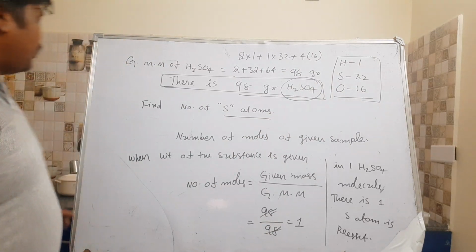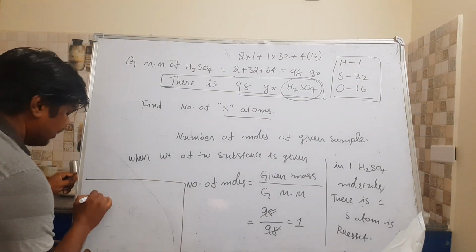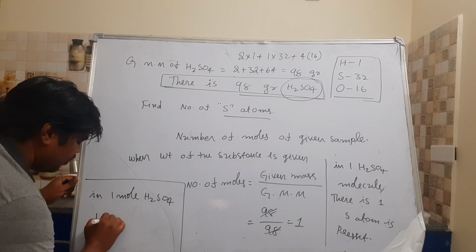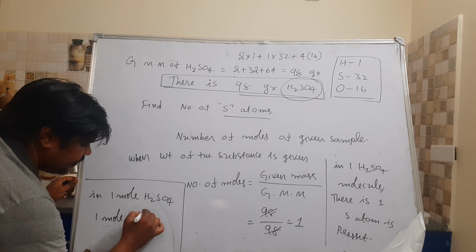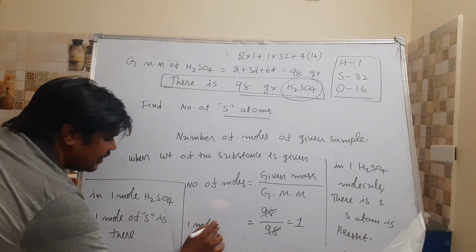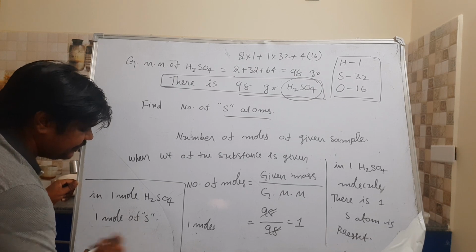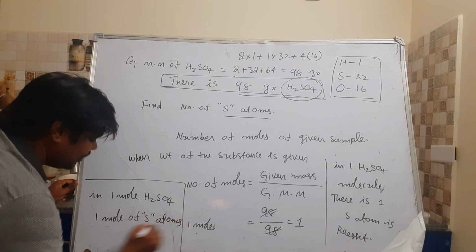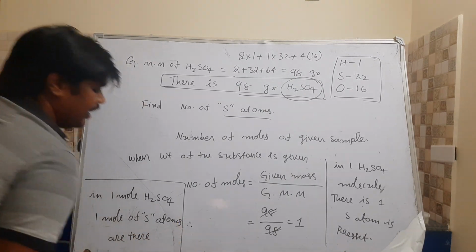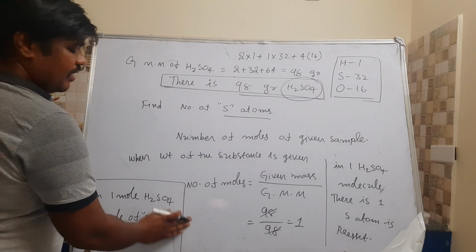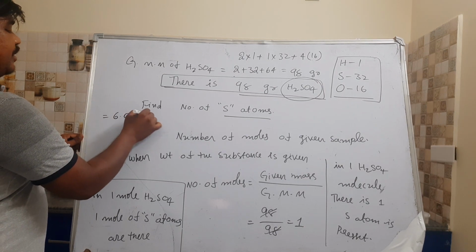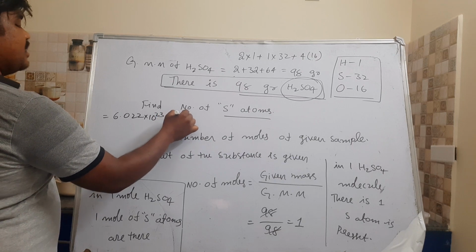In 1 mole of H2SO4, this is your answer now, 1 mole of sulfur atoms are there. 1 mole of atoms is nothing but Avogadro number, 6.022 into 10 to the power of 23 sulfur atoms are present.